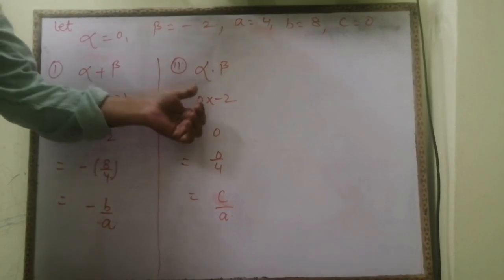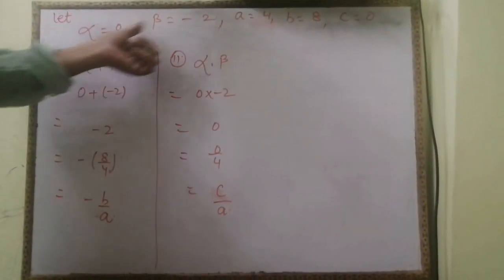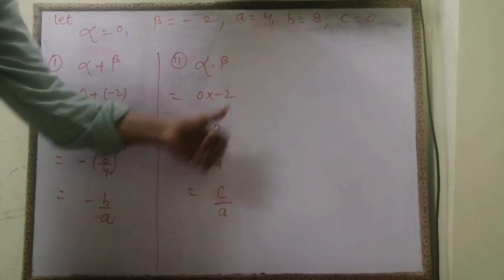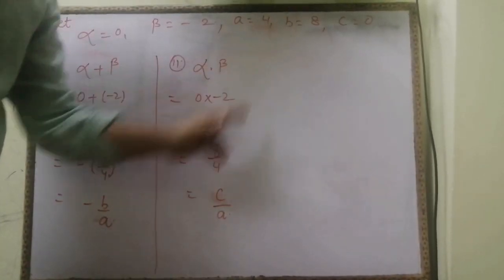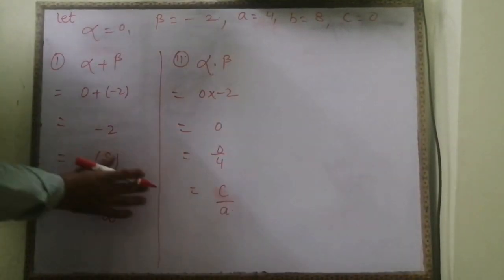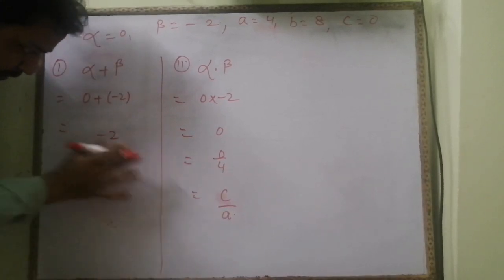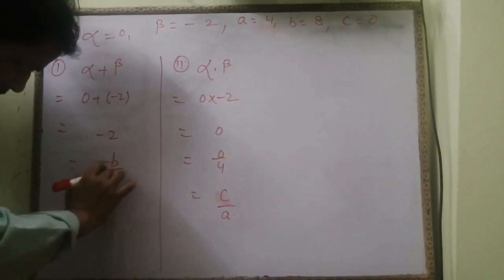And the product of zeros, that is alpha into beta, is 0 into -2, that will be 0. So we can write 0 divided by 4, and this one will be c/a. Suppose you have not written this, you can write after -2 as -b/a.